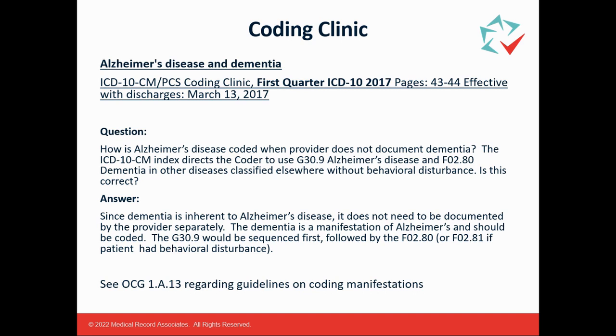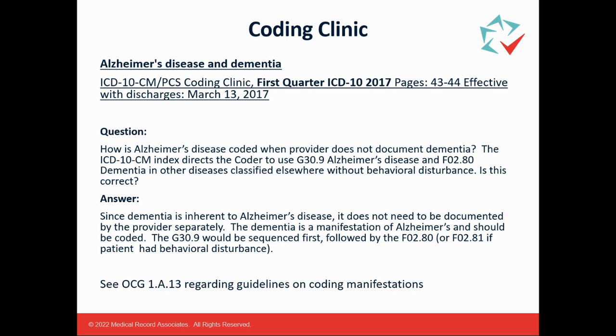The ICD-10-CM index directs the coder to use G30.9, Alzheimer's disease, and F02.80, dementia and other diseases classified elsewhere without behavioral disturbance. Is this correct? And the answer from Coding Clinic is, since dementia is inherent to Alzheimer's disease, it does not need to be documented by the provider separately.